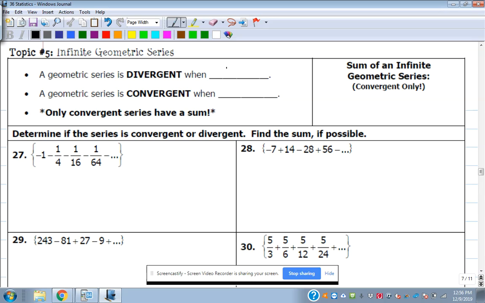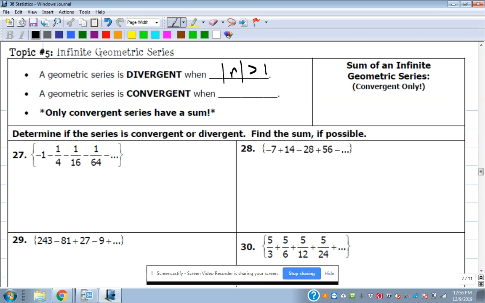So a divergent series can be determined by looking at the absolute value of the common ratio. If you take the absolute value of it and it's bigger than 1, the series is going to diverge because you're multiplying by something bigger than 1 each time. So it's expanding. The gap between terms is going to be expanding every time.